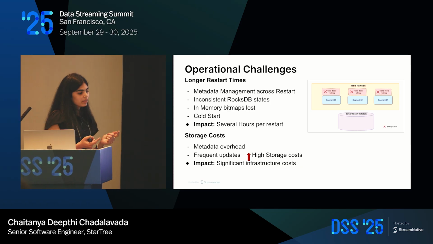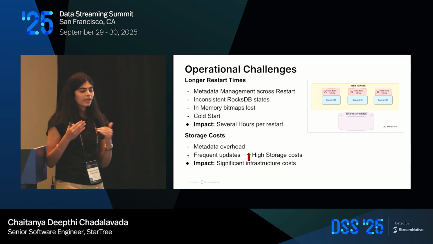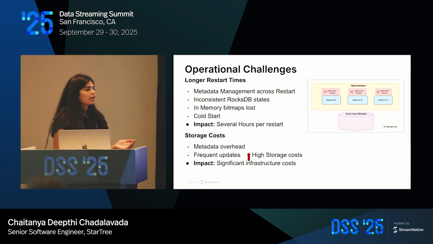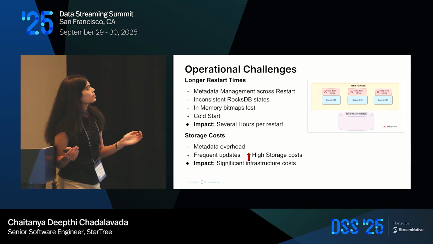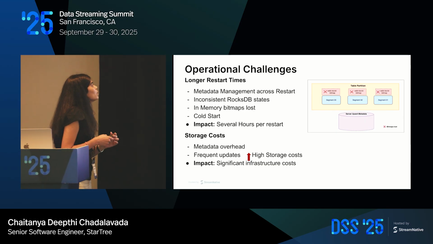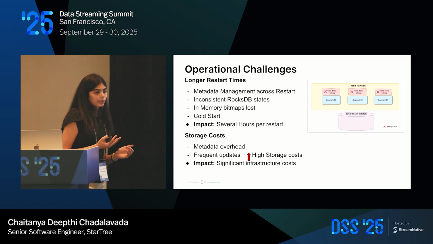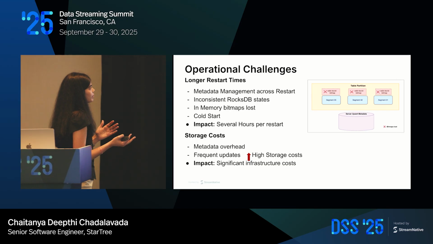And let's imagine you want to rebalance to a server where there is no existing metadata state, right? That's when we are seeing longer restart times and longer rebalance times. That was affecting our maintenance windows and upgrade windows. It was taking almost several hours to rebuild this metadata again.